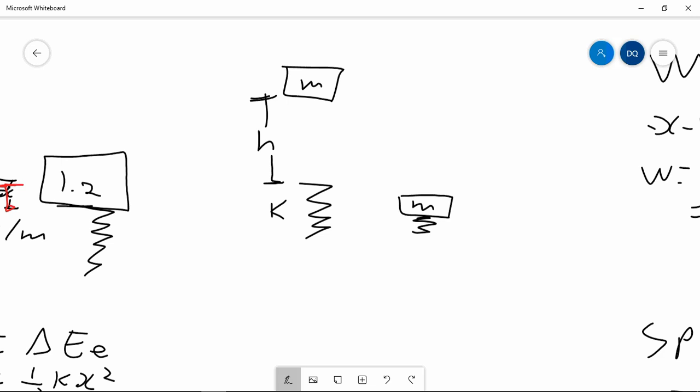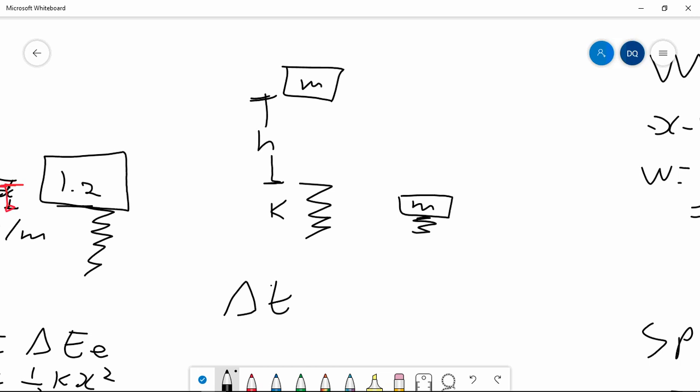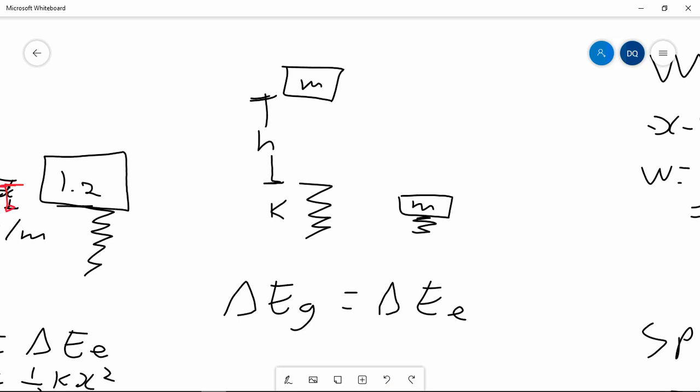Here's how we account for that. The loss in gravitational potential energy is still equal to the gain in elastic energy. So when we set this up, I used h for that height. Let me change that to an L. Let's say we're a distance L, like the length, above the spring.